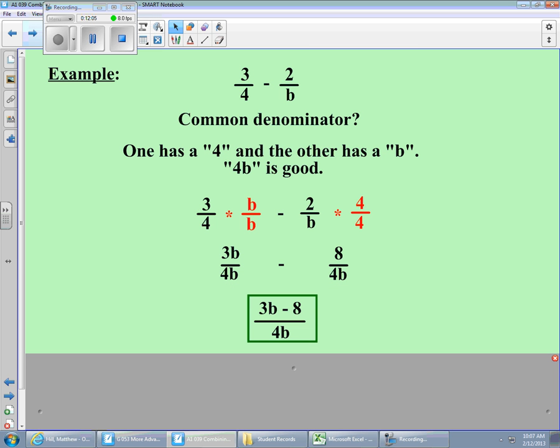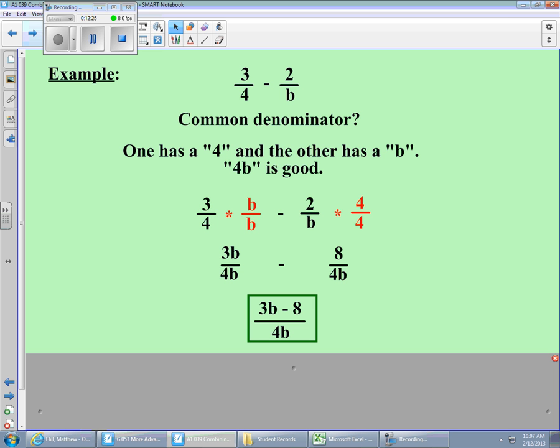Now, before you leave these problems alone, once you get it down into one fraction, double check it one last time to make sure nothing will reduce. When it comes to problems like this, in the numerator we have a binomial. There's 2 terms up there. In the denominator, we have a monomial, 1 term.